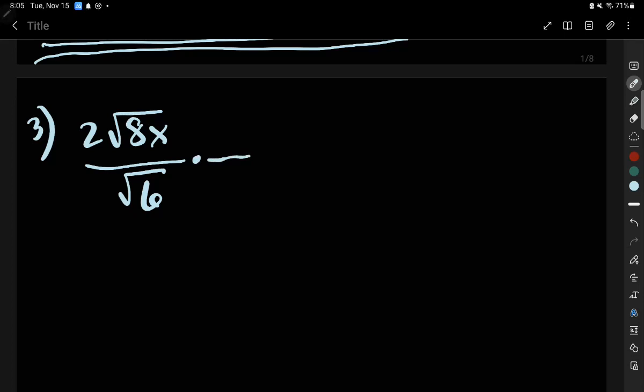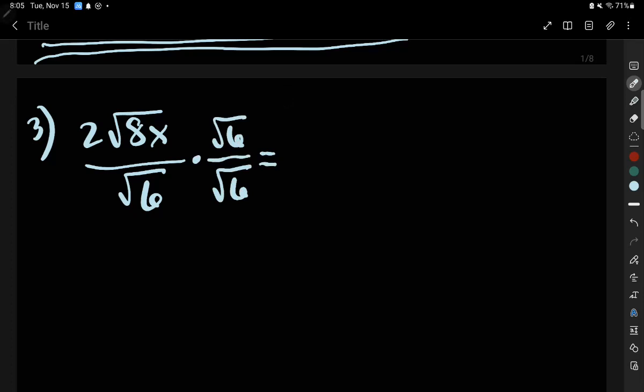So to rationalize, we're going to multiply it by itself, square root of 6 over square root of 6. We didn't change the value because square root of 6 over square root of 6 is just the same as 1. Any number multiplied by 1 is just itself, so we didn't change the value. Only its looks. We are changing its looks because we don't want to see a square root at the bottom.